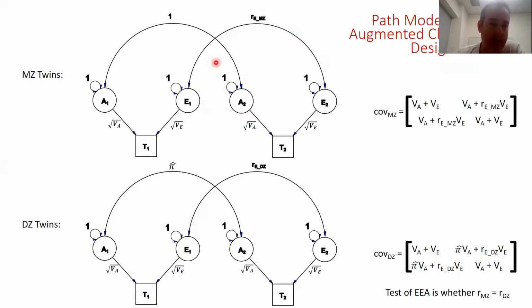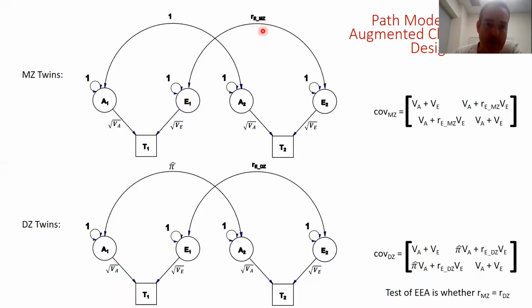There'd be absolutely no common environmental sharing between MZ twins because this was 0. Whereas if this were 1, there'd be no unique environment. Here, E would be just a common environmental factor. I mean, obviously you couldn't have that in reality, but it helps to understand the model intuitively.